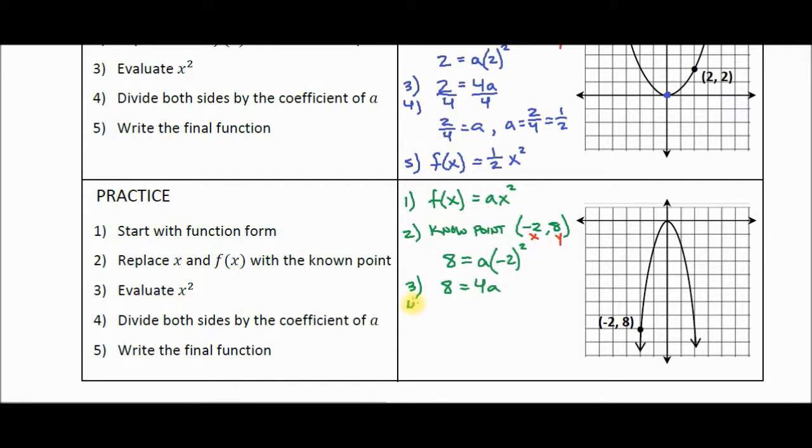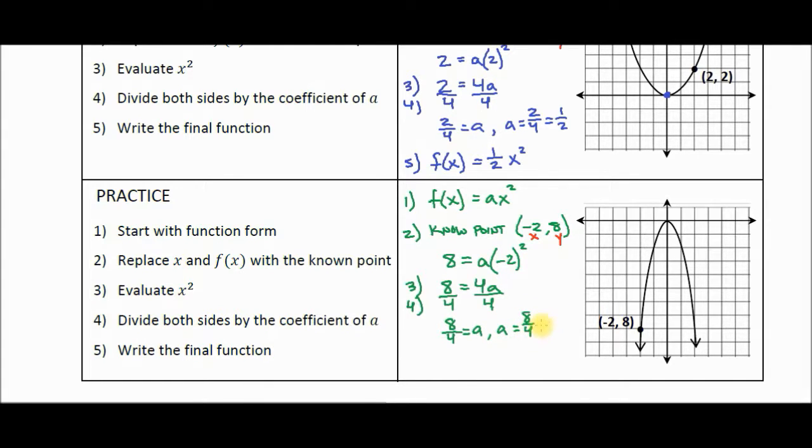Step number 4, we're going to get a by itself, so we have to divide both sides by 4. So that means that the 4's will cancel and we'll end up with 8/4 equals a. And that means a equals 8/4.